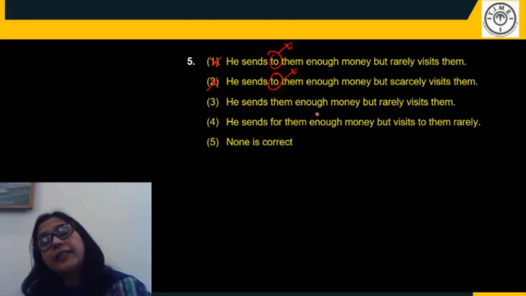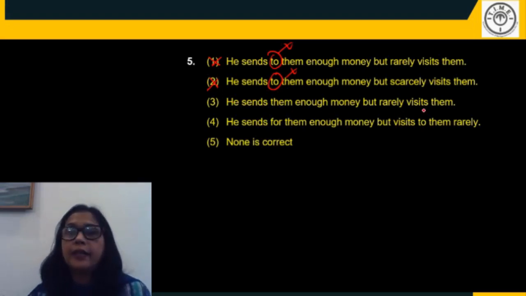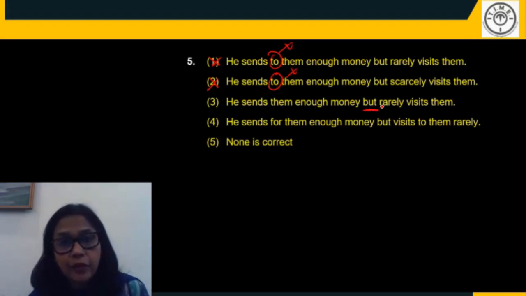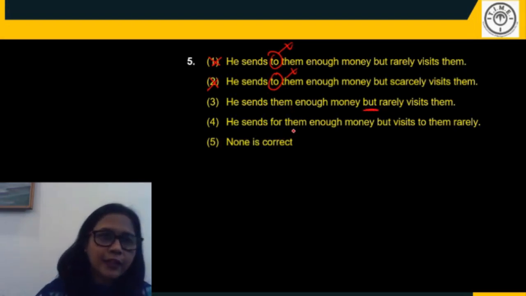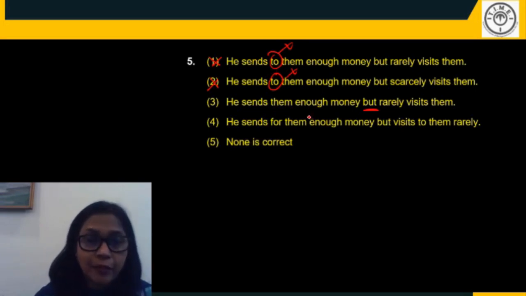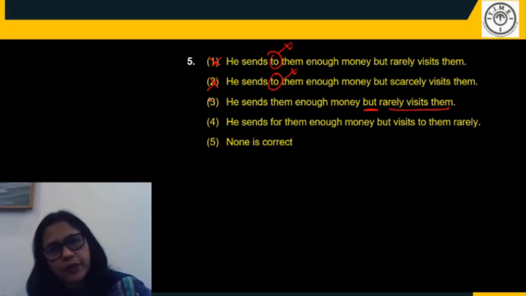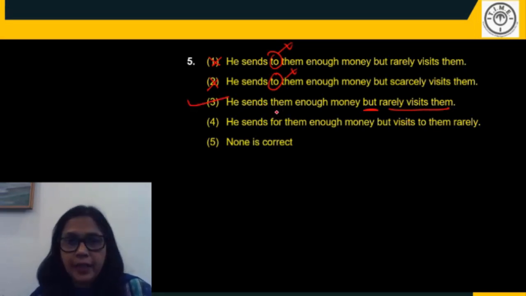The third one, he sends them enough money but rarely visits them. So the but over here is bringing in the contrast that it seems as if he cares for them. That's the reason he sends them enough money for their survival, for whatever they want, but rarely visits them. So that is bringing in the contrast here. So 3 is correct.